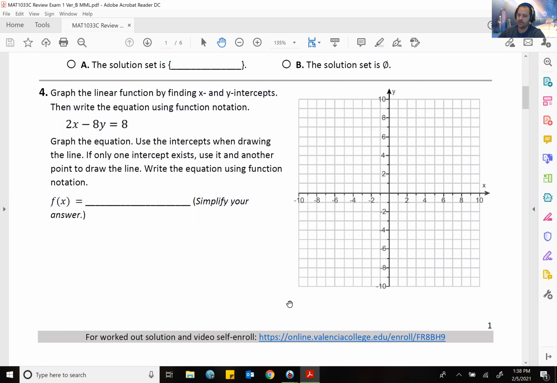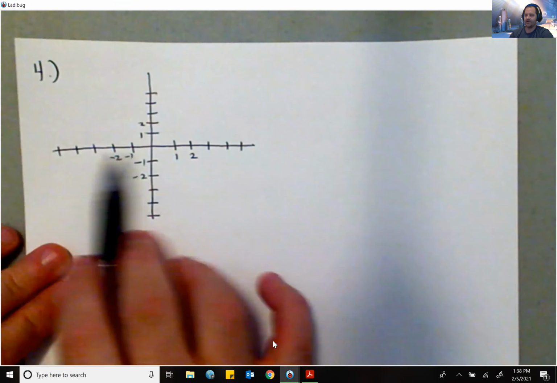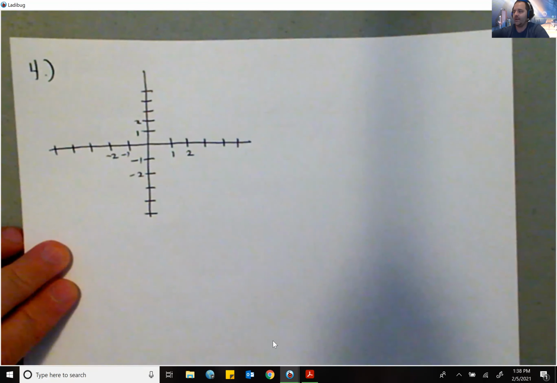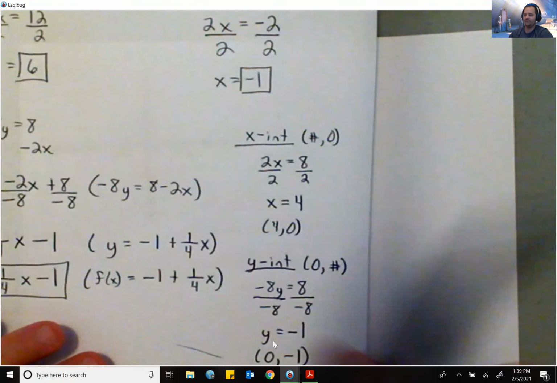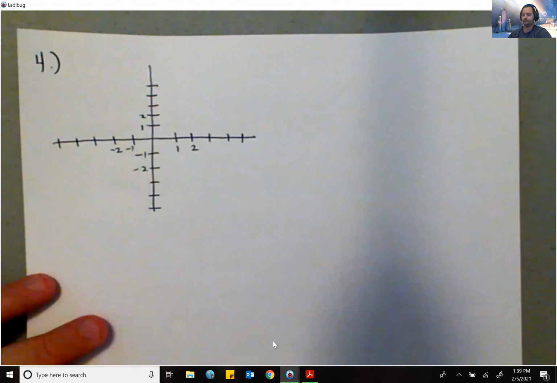Just writing in what I need on my graph. Okay. So here's my graph. I just went to +5, -5, +5, -5. Because looking at our intercepts of 4, 0 and 0, -1, it doesn't have to be that big.